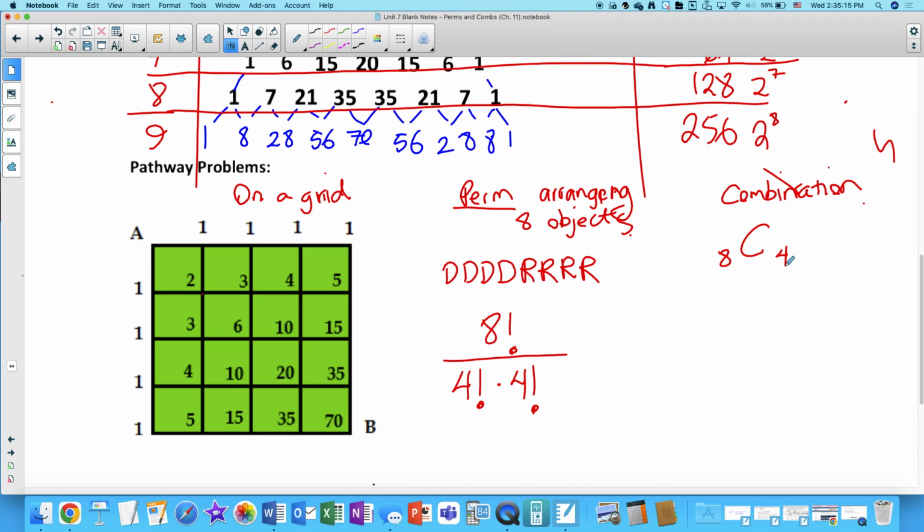And the reason why this works is that you have to go down 4 and right 4. It doesn't actually matter what order you go down 4 in and what order you go right 4 in. You can go down and right 4 in any order, and you end up still at point B. Now 8 choose 4 is 8 factorial over 4 factorial times 8 minus 4 factorial, which is exactly what we see there.